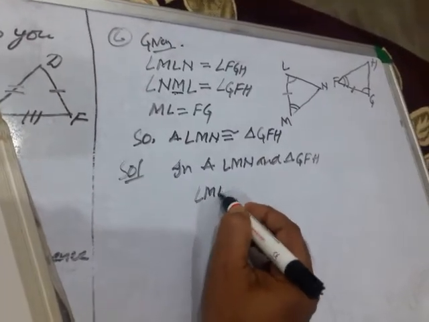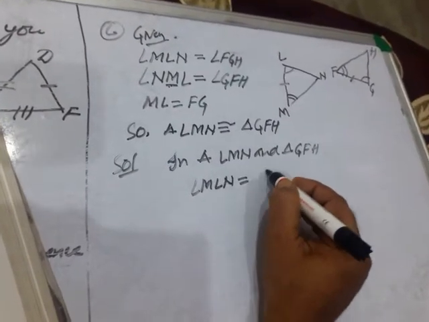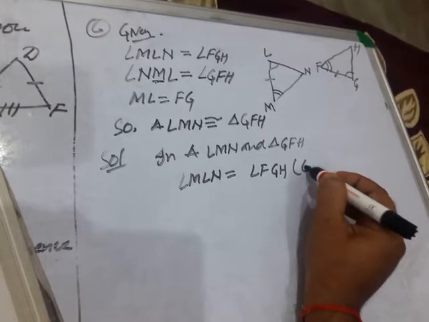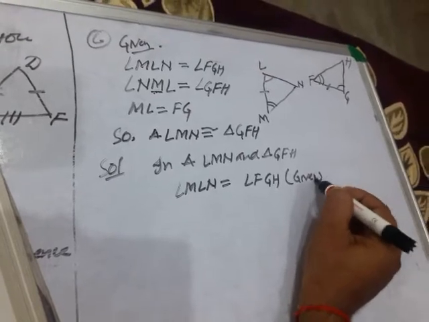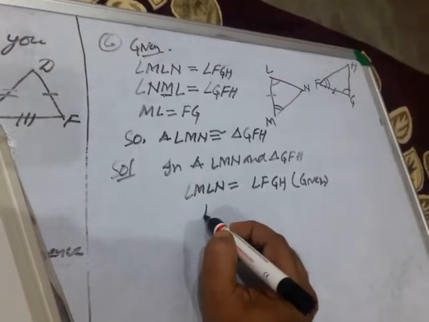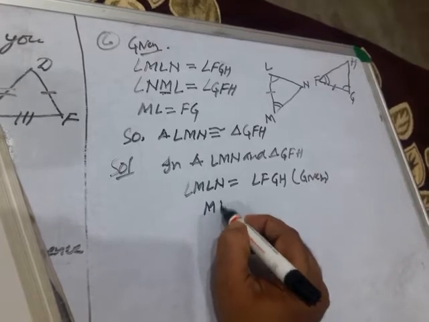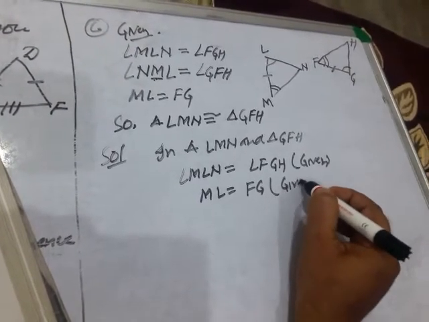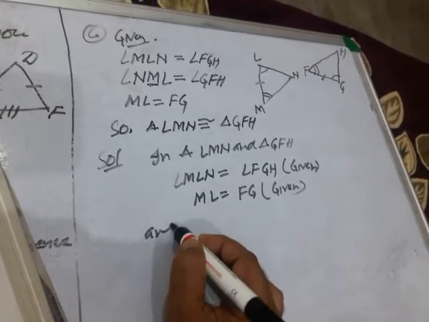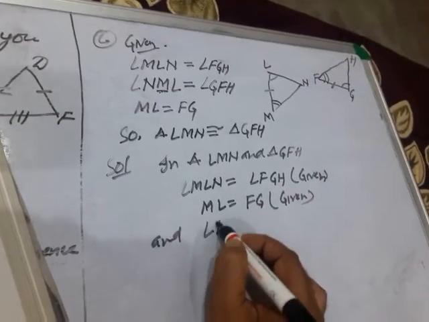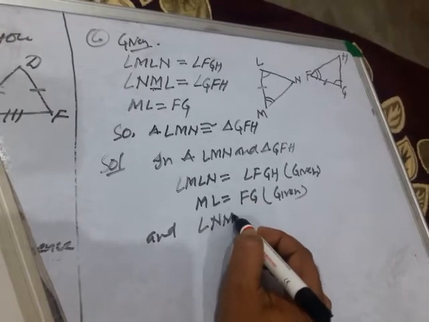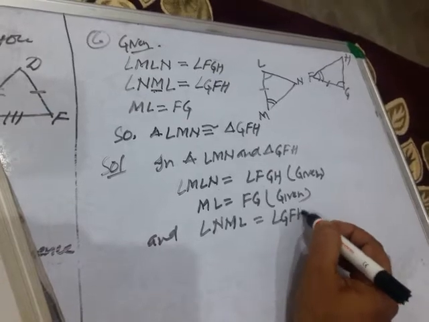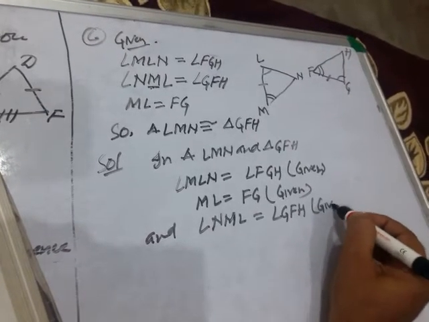Angle MLN is equal to angle FGH, that is given. ML equal to FG, that is also given in the question. And what else? You systematize the things. Angle NML equal to angle GFH, that is given. Clear?